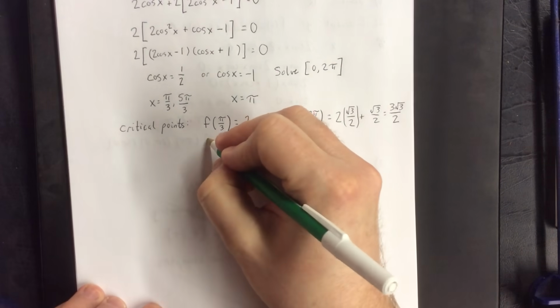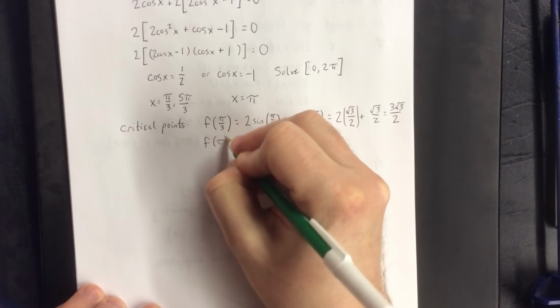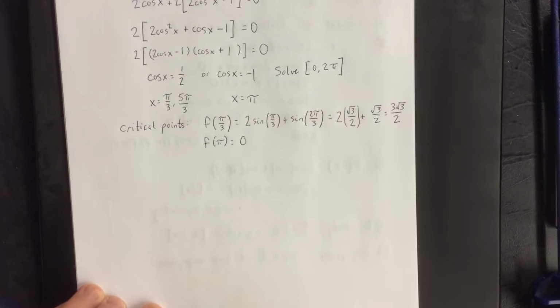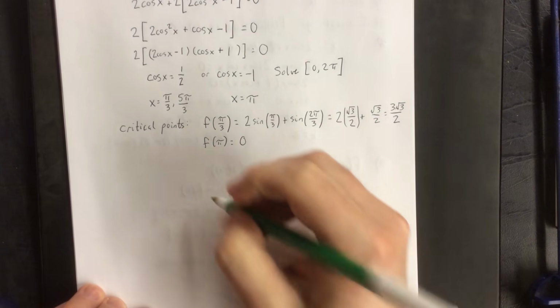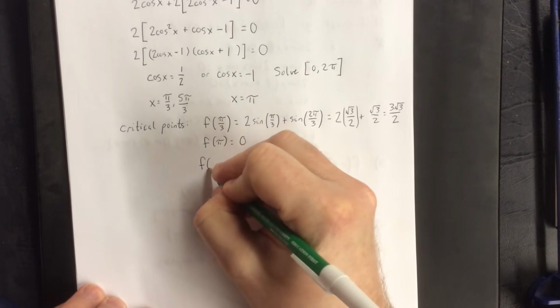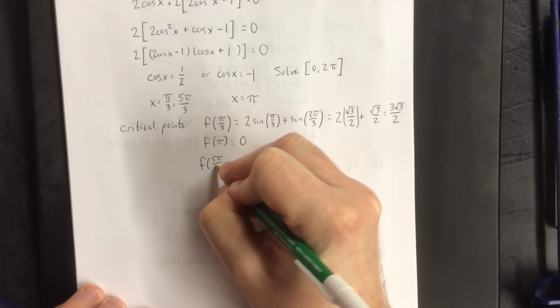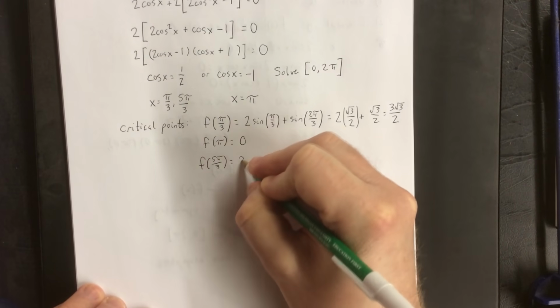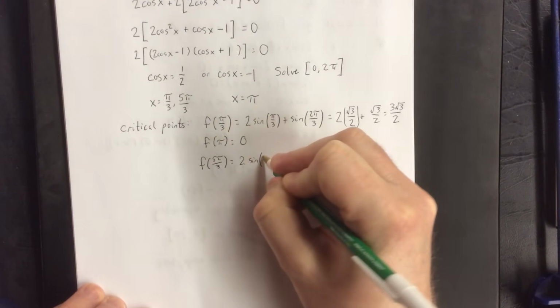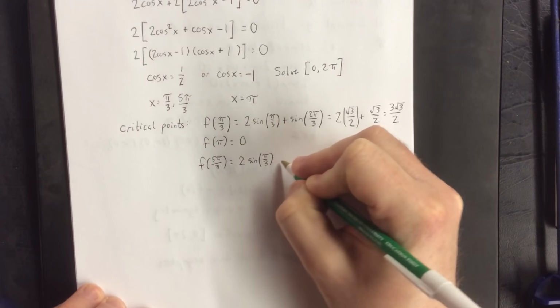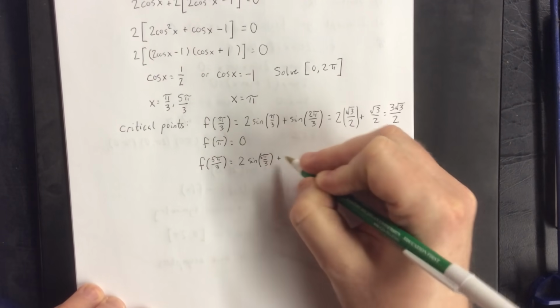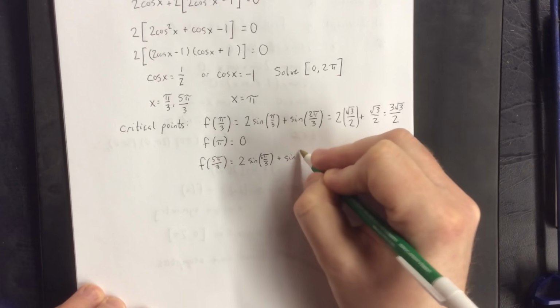Now, we've already calculated f of pi because we discovered that pi was one of our x-intercepts. So you can reference back to earlier in the video if you care to. Then for 5 pi over 3, this will be 2 times the sine of 5 pi over 3, plus the sine of 2 times that.